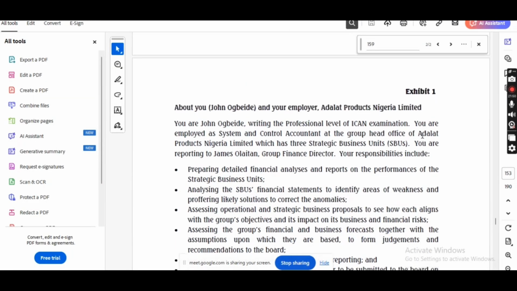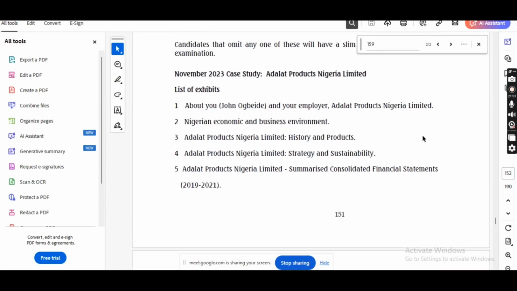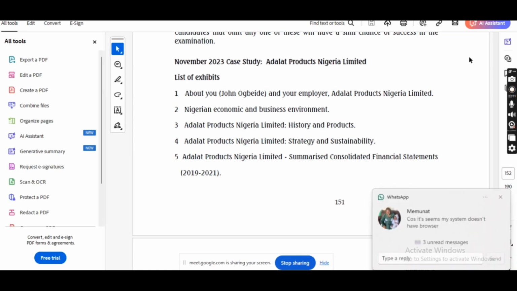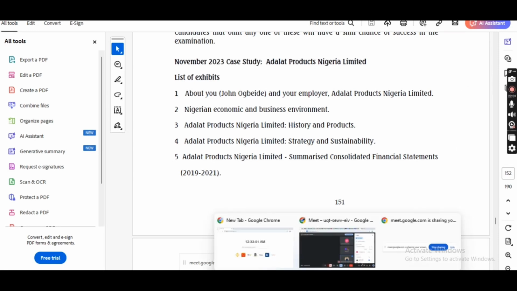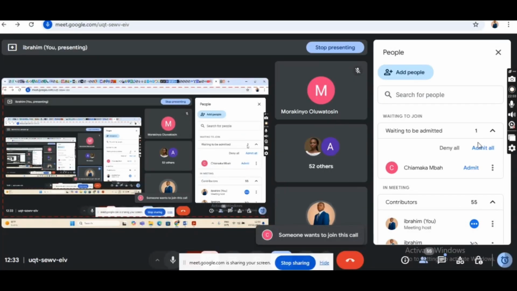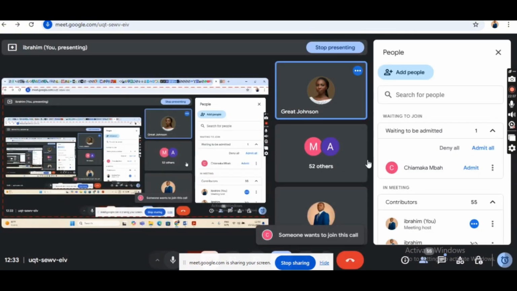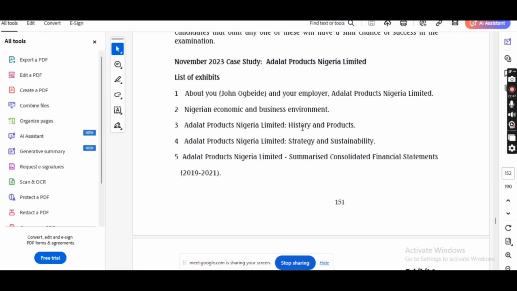Okay, great. Please, can you read this? List of exhibits. 1. About you, John, and your employer, Adelat Products Nigeria Limited. 2. Nigerian economic and business environment. 3. Adelat Products Nigeria Limited, strategy and sustainability. Now, you can see from the list of exhibits that something should come to your mind quickly: about you and your employer.